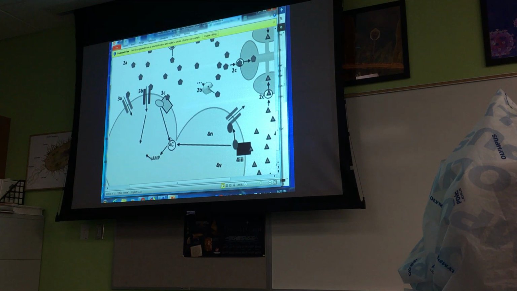You can just write AC, that's fine, and that causes the production of cyclic AMP. So you just have to know that this one is the stimulatory side and this is the inhibitory side. GABA is going to inhibit, glutamate's going to stimulate. Can you guys get that?